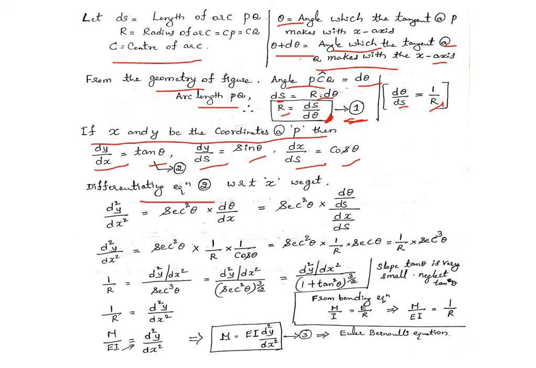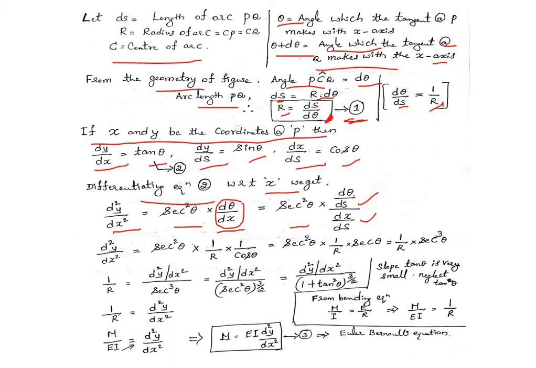Differentiating equation 2 with respect to x, we get the derivative of dy by dx, d square y by dx square, equal to secant square theta into d theta by dx, since the differentiation of tan theta is secant square theta. We modify d theta by dx in this way: both numerator and denominator are divided by ds.